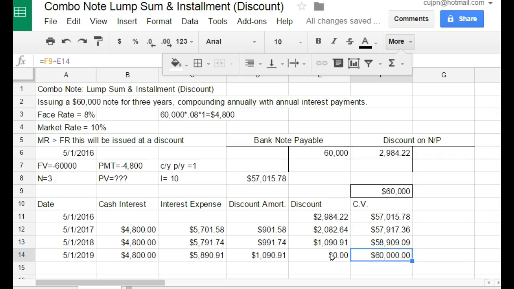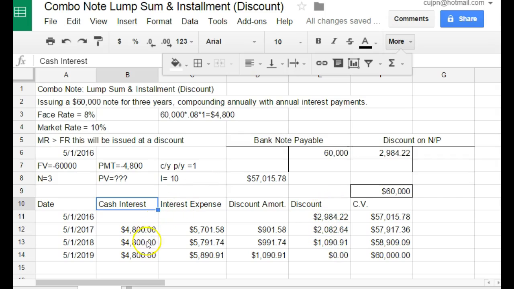So to make a long story short, I'm making these cash interest payments, but since I issued the note at a discount, remember this discount account holds the cumulative interest expense that I'm going to have between the money that I receive and the money that I pay out. I'm slowly going to have an amortization of that interest expense.